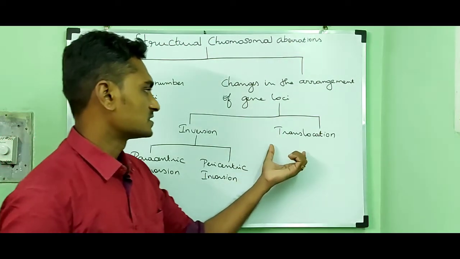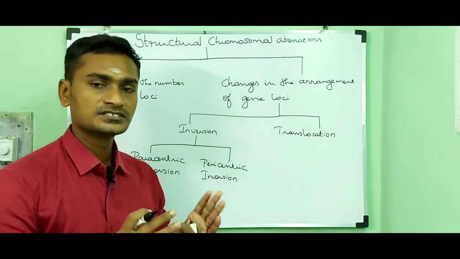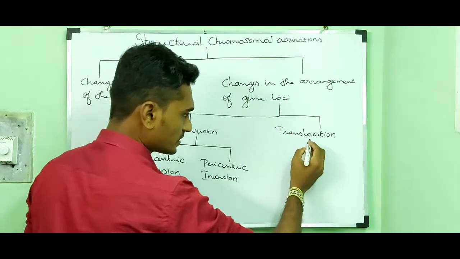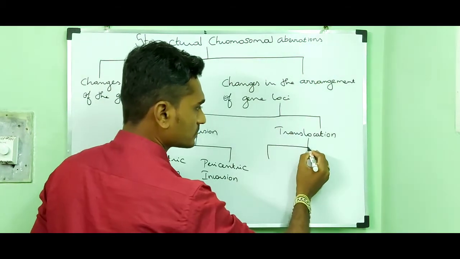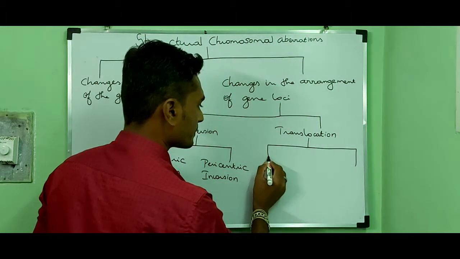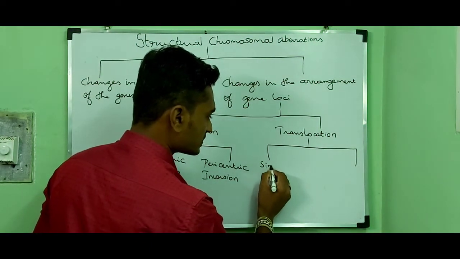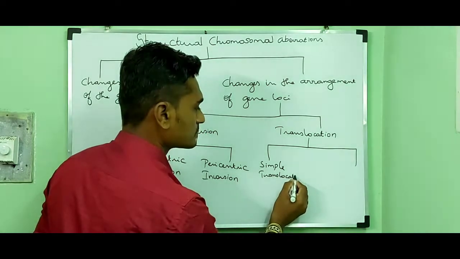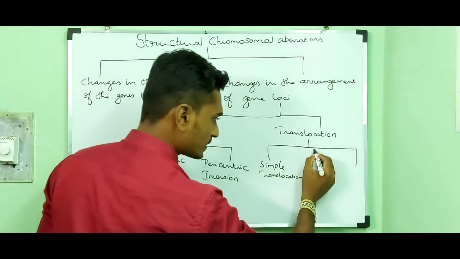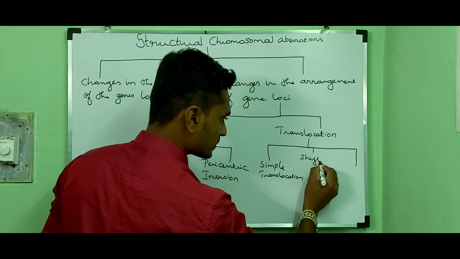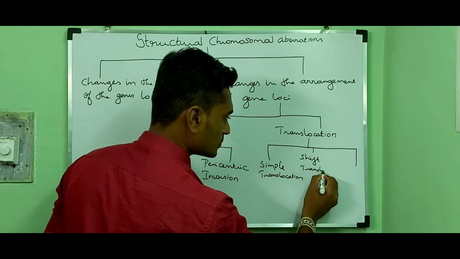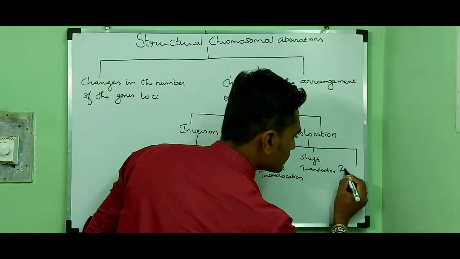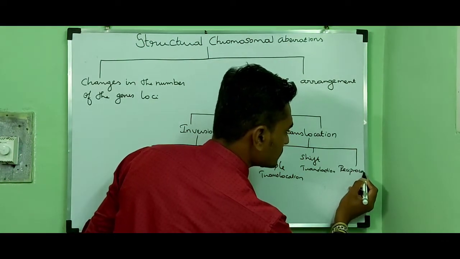Then the translocation process is divided into three types. They are simple translocation, shift translocation, and the third one is reciprocal translocation.